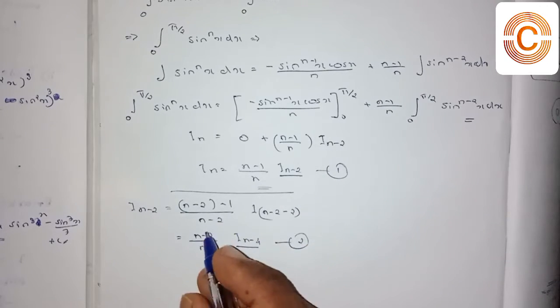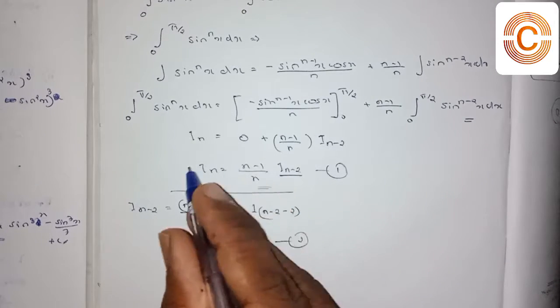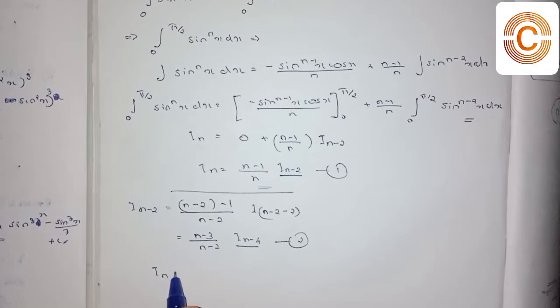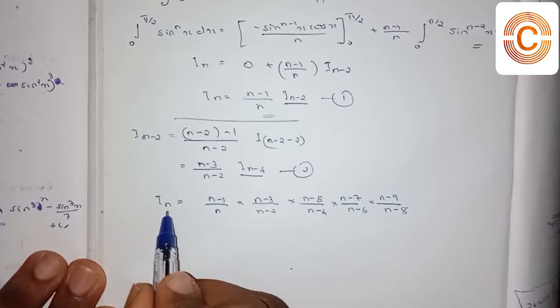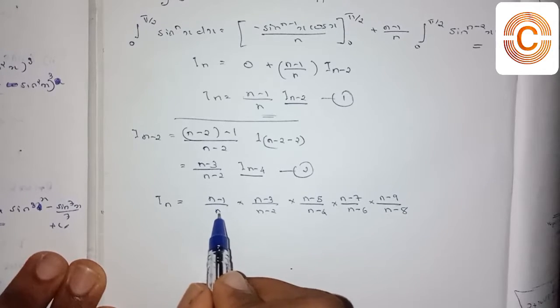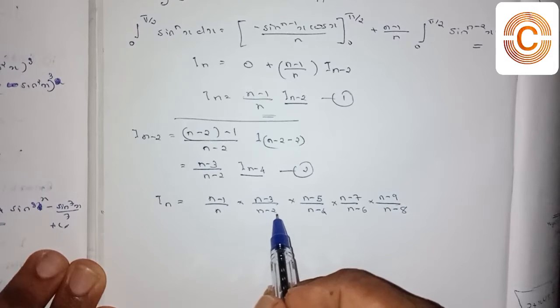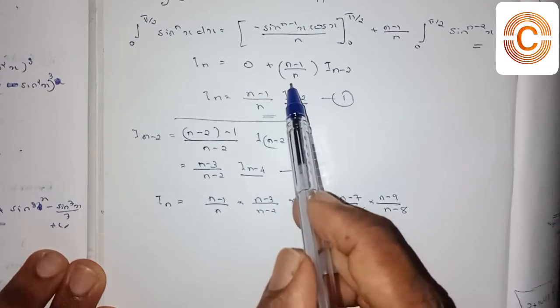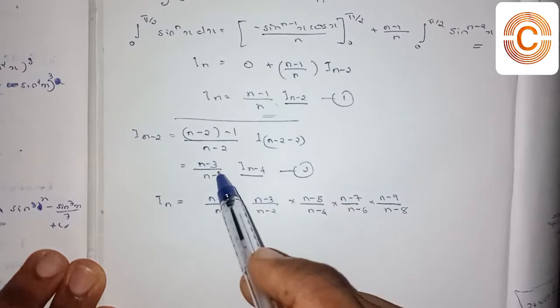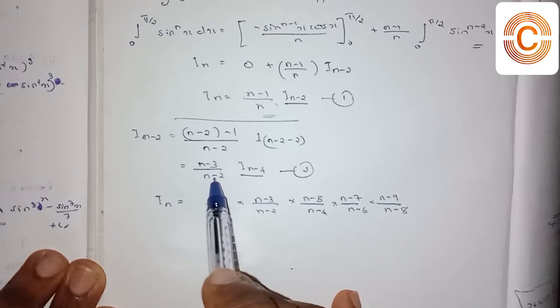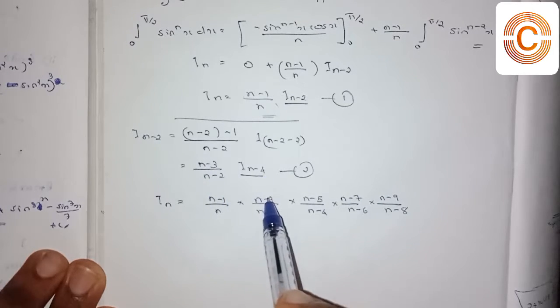Finally we put those formulas into equation number 1, and we get I_n equal to (n minus 1) divided by n into (n minus 3) divided by (n minus 2), where the value of I_(n-2) is equal to (n minus 3) divided by (n minus 2) into I_(n-4).